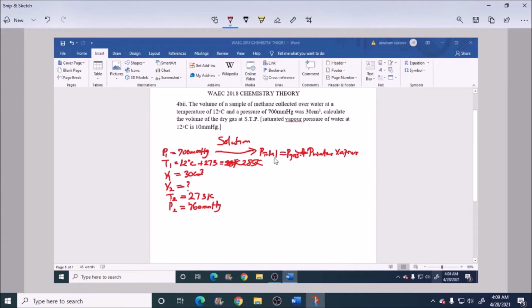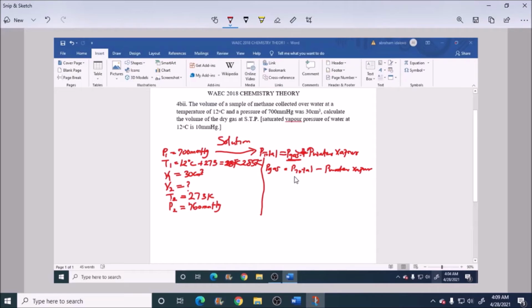To calculate the real gas pressure, P gas is equal to P total minus P water vapor.